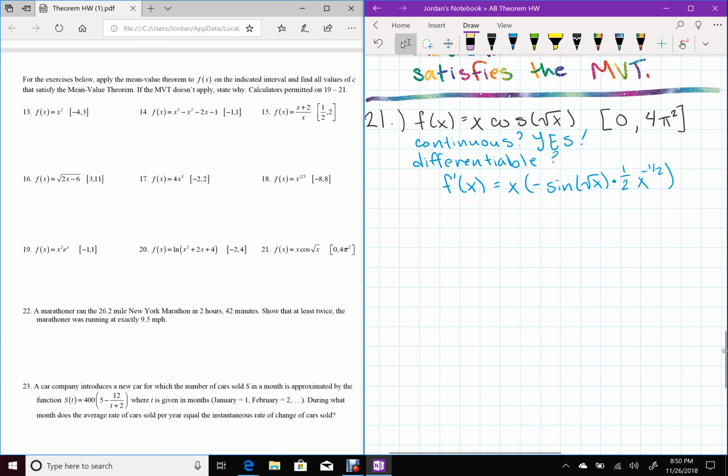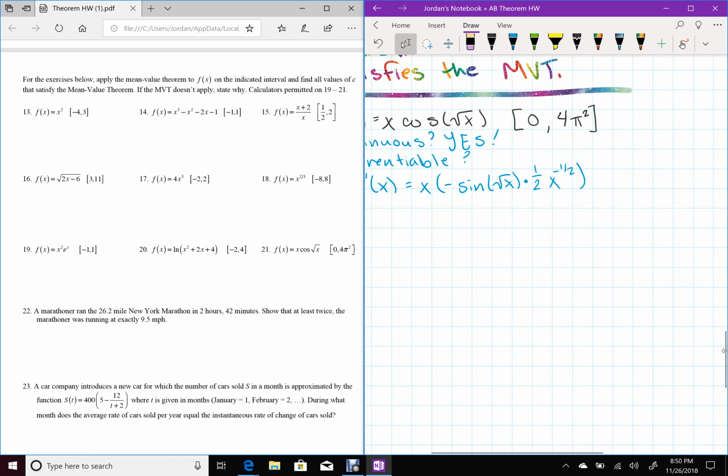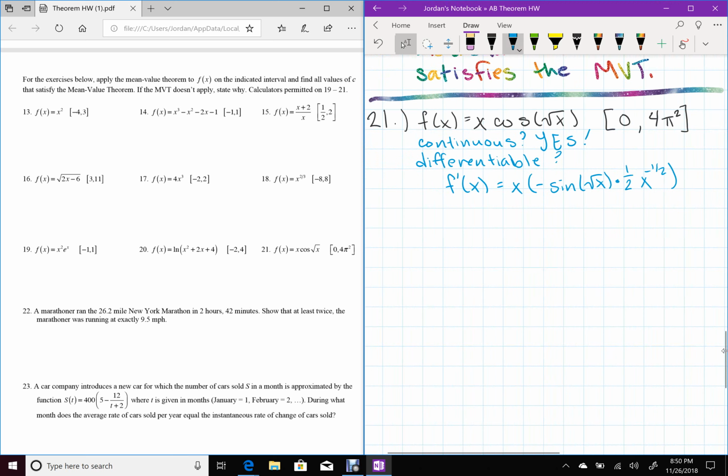And, oops, we'll need to add second, d first, which is just 1. So we have negative sine of the square root of x multiplied by x over 2 square root x plus cosine of the square root of x.